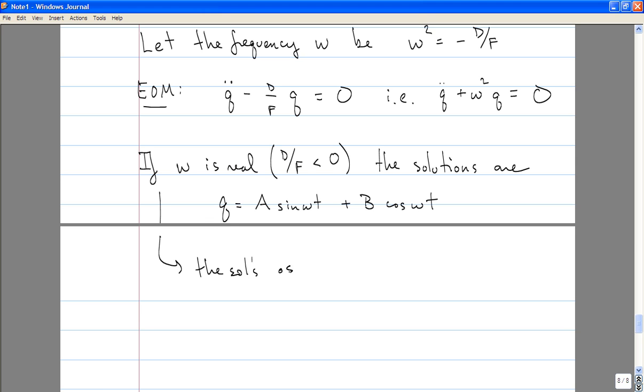around q equals 0, and this oscillation has frequency omega. In particular, it takes a time 2 pi over omega to complete one oscillation.